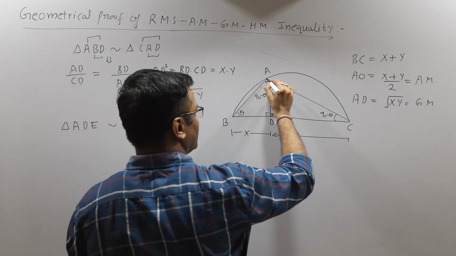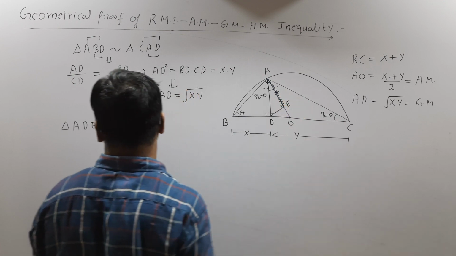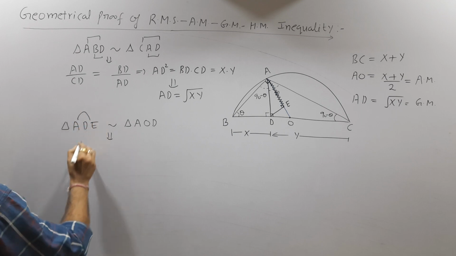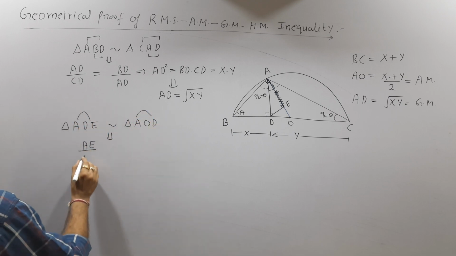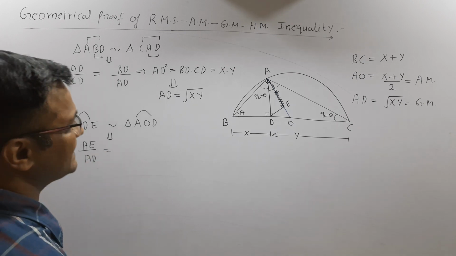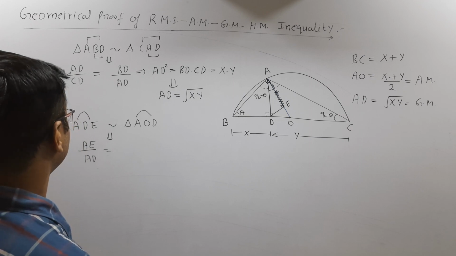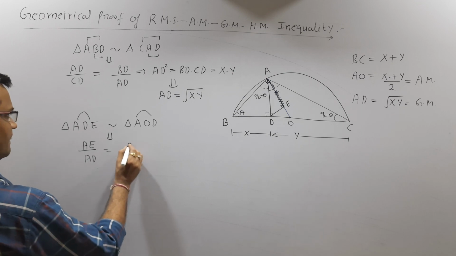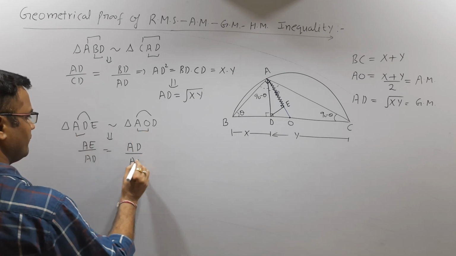I am interested to find the length of AE, this one. So what we can write from here: AE upon AD equals AD upon AO.